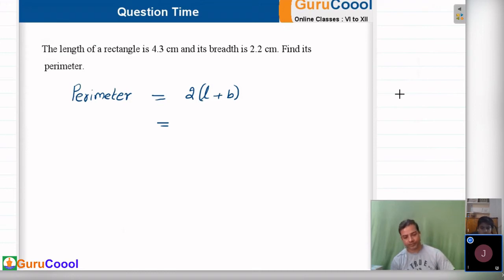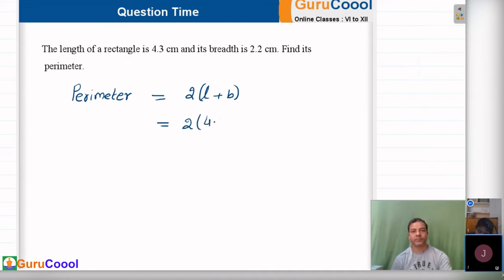Okay. And we write 2 into 6.5, sir. We add length plus breadth, sir. That's why, sir. And we multiply, sir. Wait, sir. 1 minute.